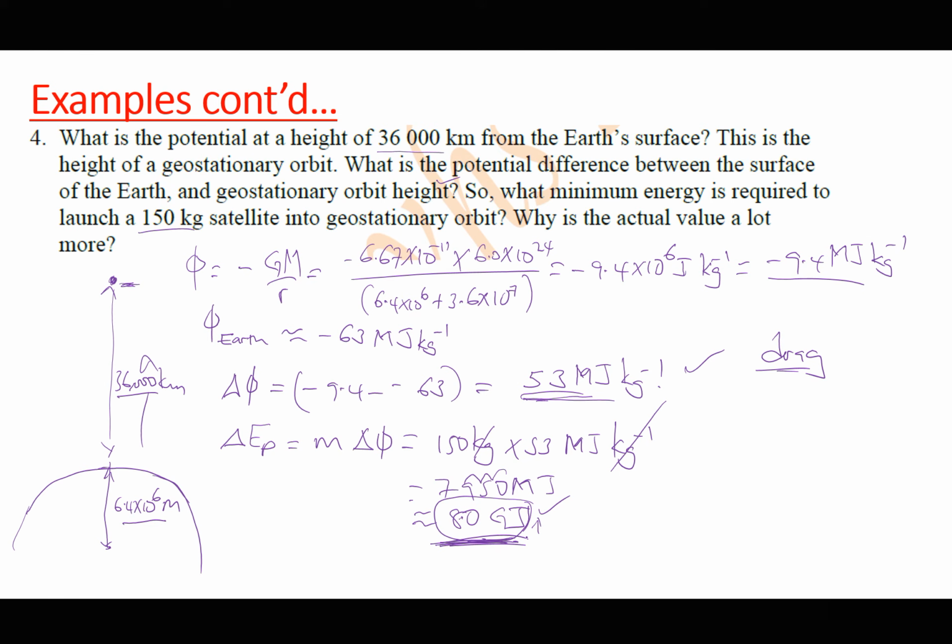It means the answer we have arrived at here is only the energy required to lift the satellite against the gravitational pull of the Earth, because the rockets attached to the satellite also have mass, which must be lifted into the geostationary orbit. But the most direct answer here is the drag force with the atmosphere of the Earth as the satellite is moving upwards. Okay, I think I've tried to give a simple explanation to that.